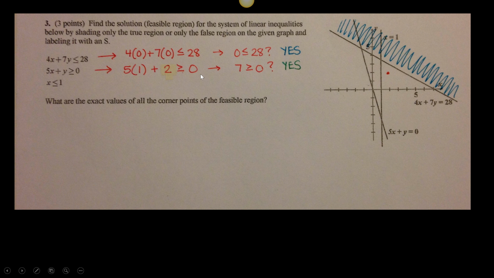So I'm saying 7 is greater than or equal to 0. Is that true? Yes, it's true. So the side of the line containing this point makes my solution set true. So I'm going to shade the false side, the other side, which is over here in this direction.